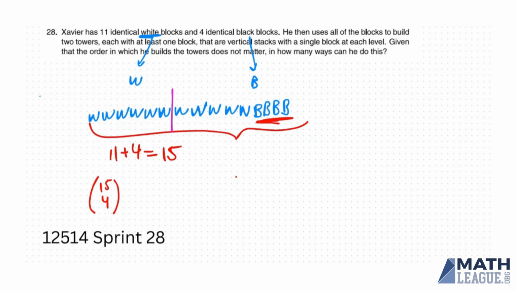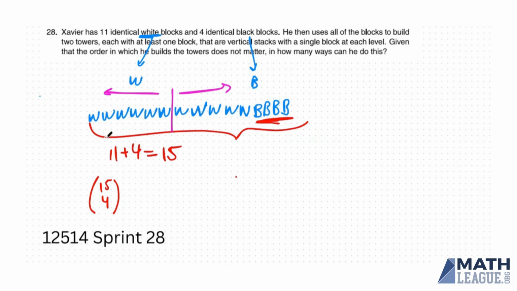By doing that, we've just created 2 towers. Everything to the left is the first tower, and everything to the right is the second tower. Because every arrangement and every different place where we can divide the blocks will give us a different pair of towers, that essentially maps onto all of the possible sets of towers that Xavier can build.